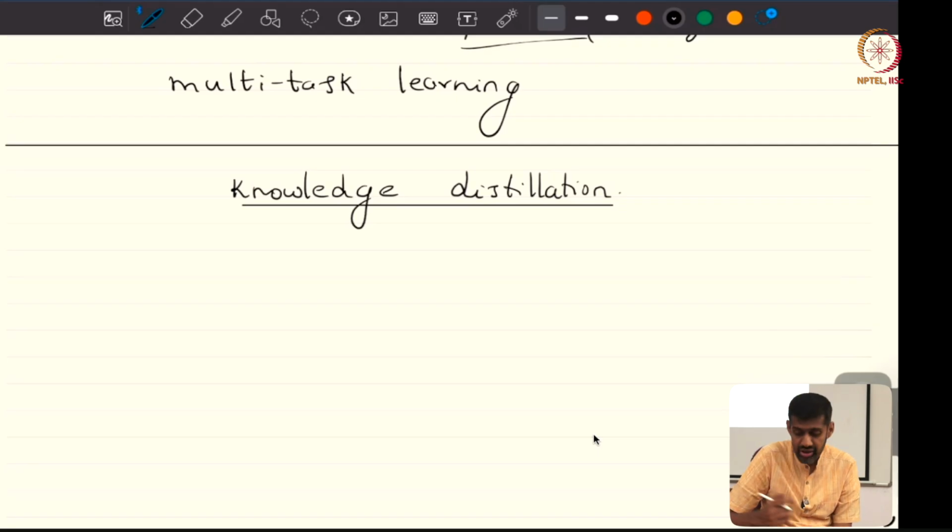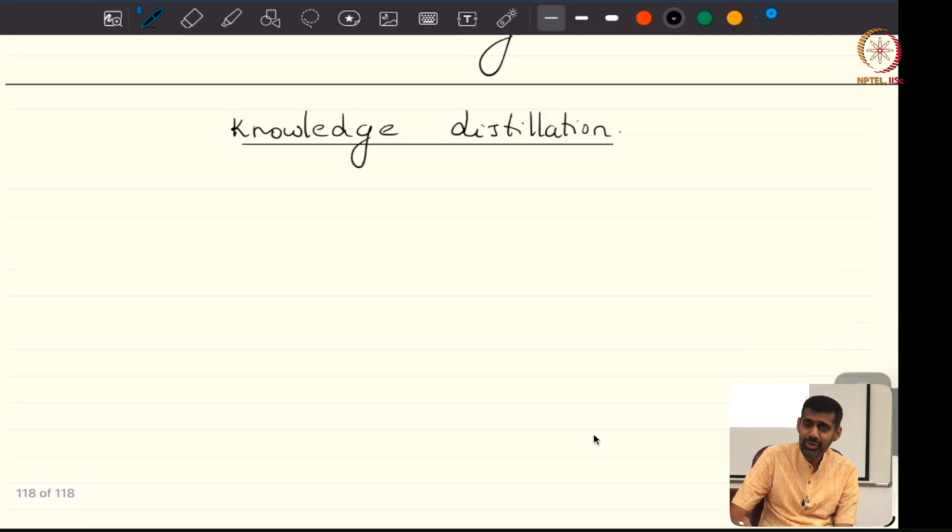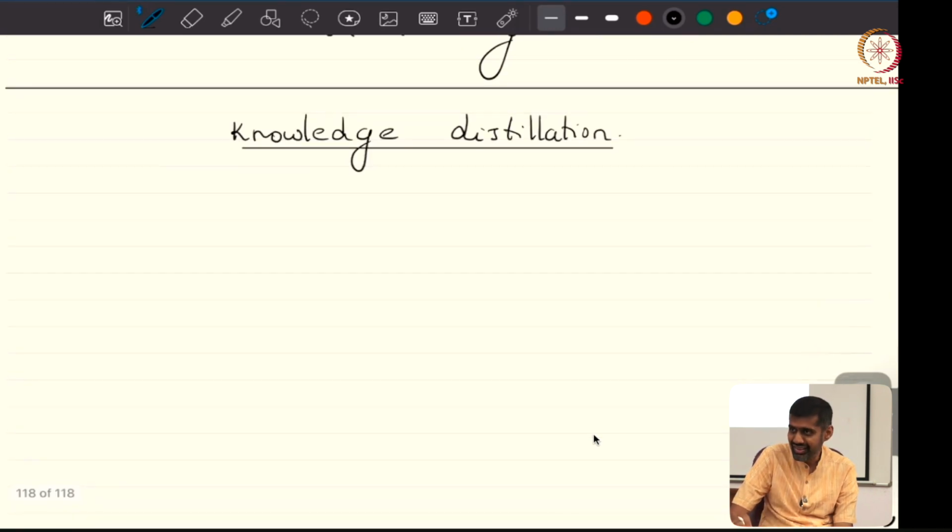Okay, so let us look at the idea of knowledge distillation. I will only talk about the empirical way of doing knowledge distillation, but there is a very nice Bayesian framework on why this should work and so on. Again, I will do it in my next course. The idea is as follows.